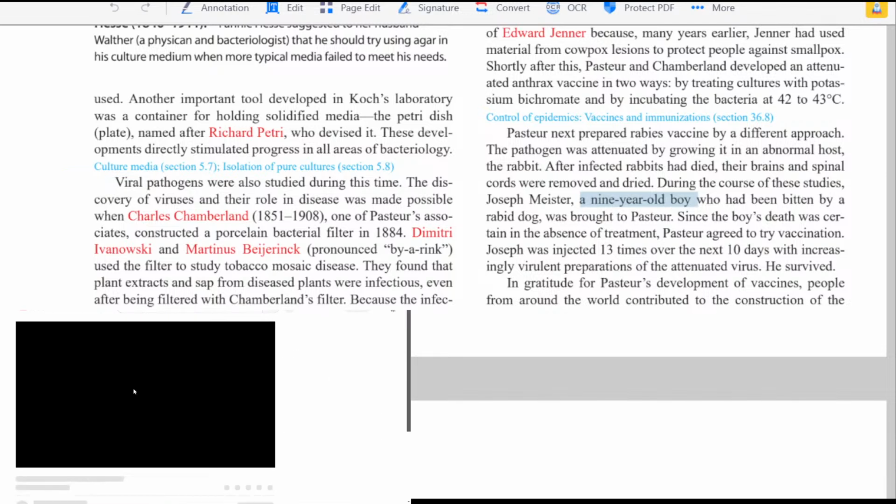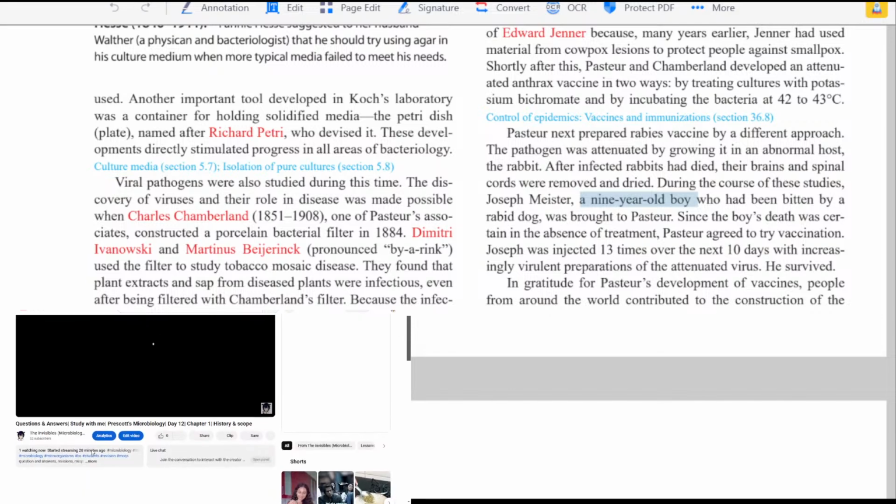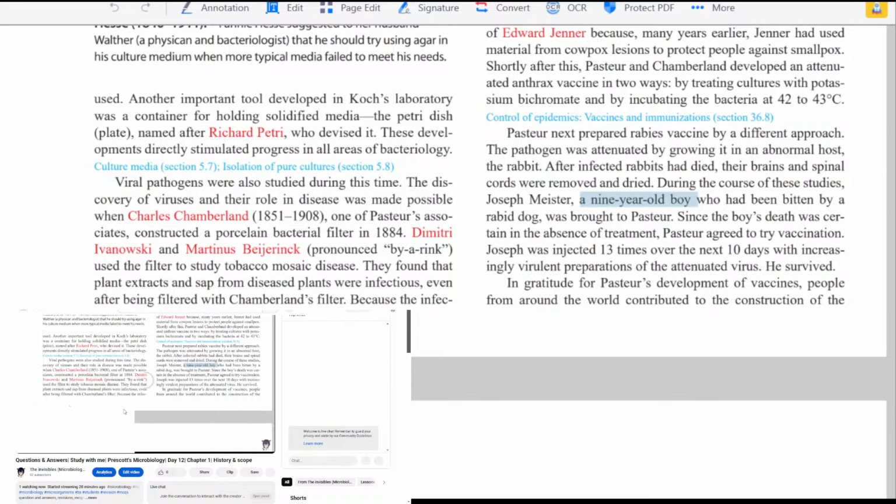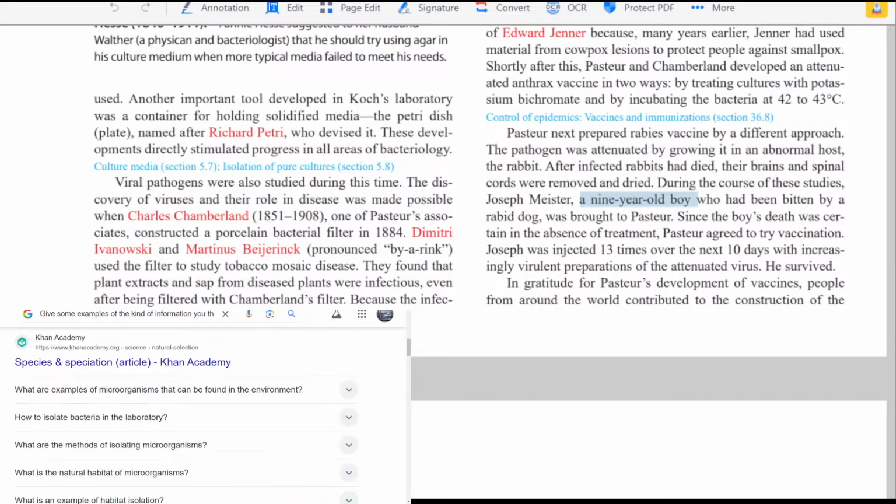I need to know if this is working fine, because my OBS suddenly disconnected and I don't want it to go wrong in any way. Let me see. Wait. This is working fine.